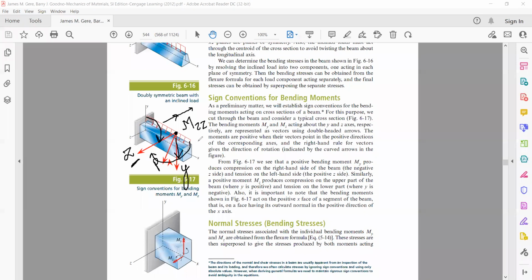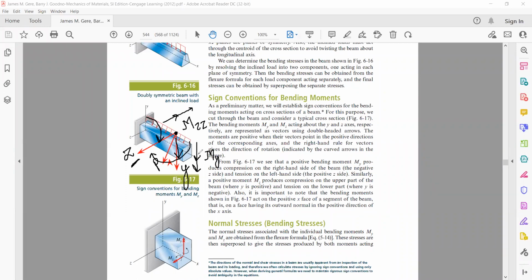We write that as My or Myy, represented by a double arrow. So the important thing is that the inclined load is creating a bending moment. It has a tendency to rotate the beam, and one component is along the z-axis and another component is along the y-axis.